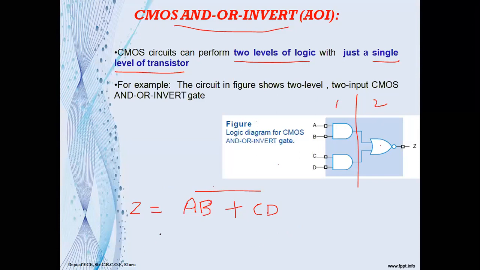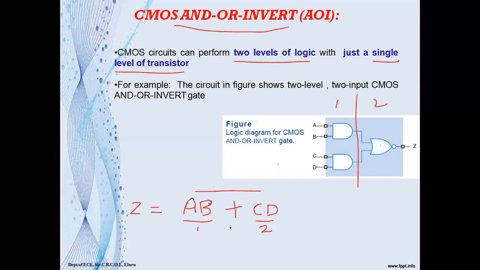Now how can we implement this function in terms of a CMOS logic circuit? For easy understanding, we will take AB as term 1 and CD as term 2. Basically it is an AND gate for each term, and the outputs of these two AND gates are NORed.